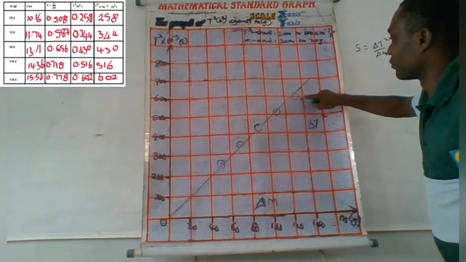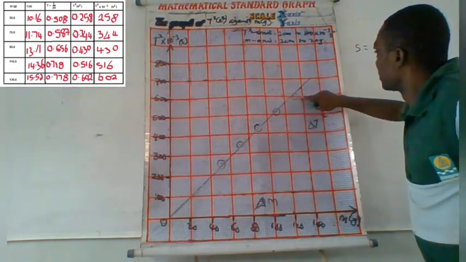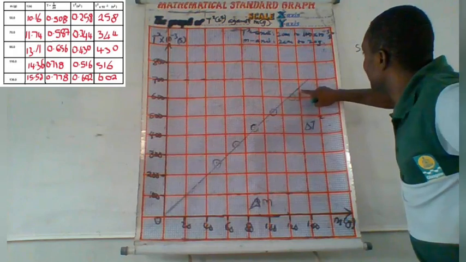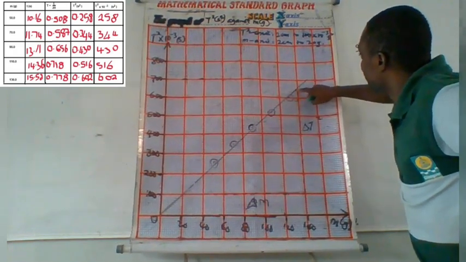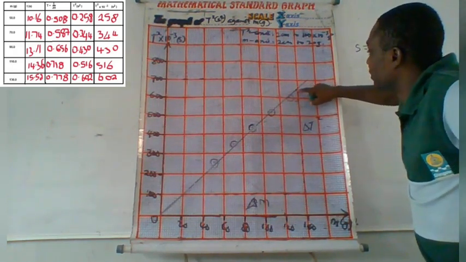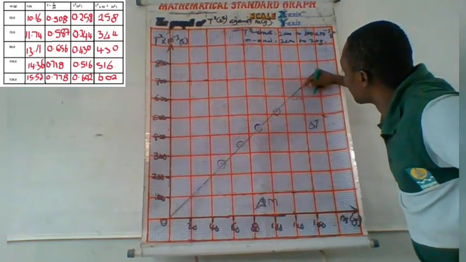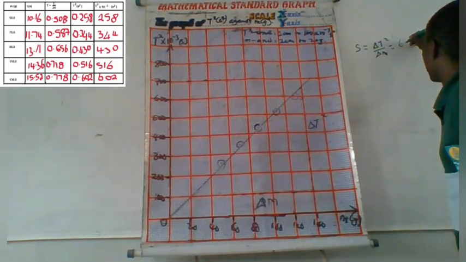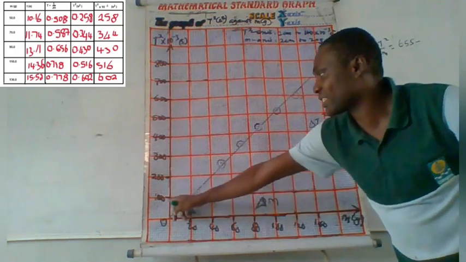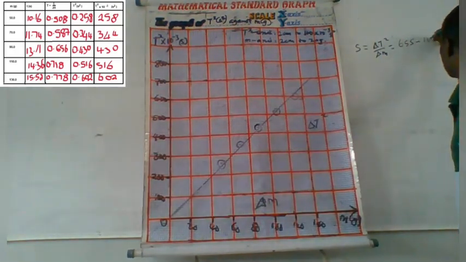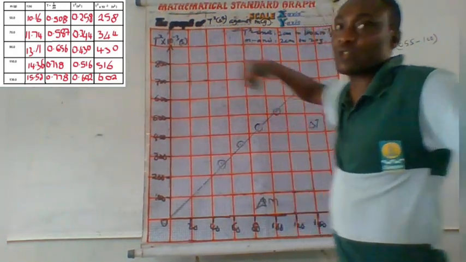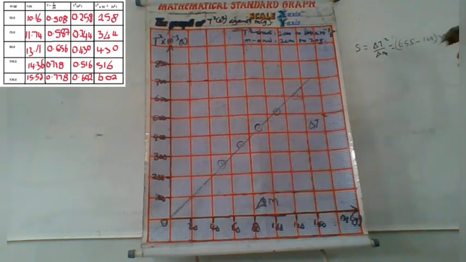Now remember that if you trace this way, this is 600, 610, 620, 630, 640, 650 at this point here. This will be 660, so this will be 655. So I have 655 minus, then come to this place and read this up. But this is exactly 100. I'm going to put it into brackets because don't forget that we have times 10 raised to the power minus 3. So you include the times 10 raised to the power minus 3.